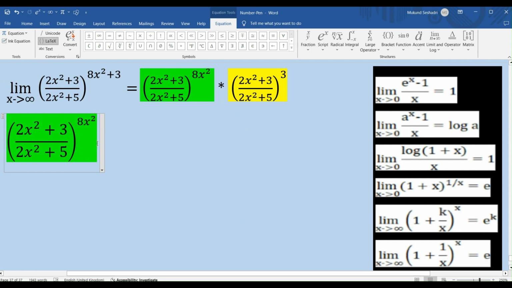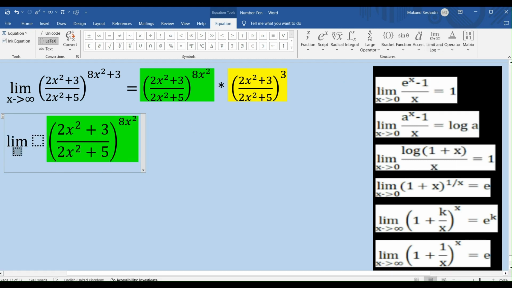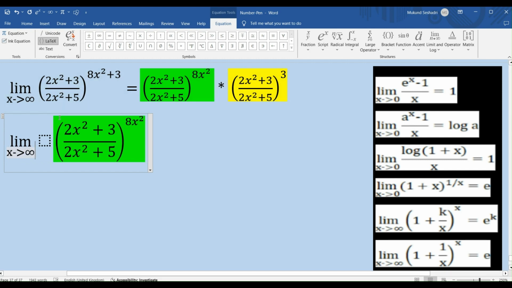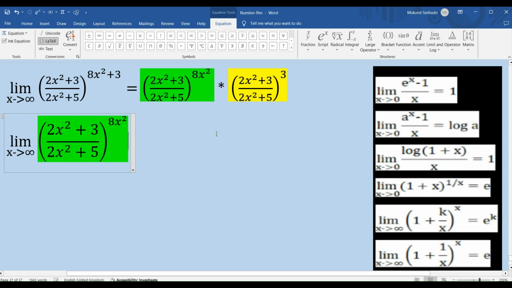So all that we are trying to do is look at this expression 2x squared plus 3 divided by 2x squared plus 5, the whole power 8x square, and remember, limit is x tending to infinity, right? And I'll have to write this out here so that we don't lose track of that. So let me pull this out, and limit x tending to infinity, and I'll copy this and put this out here, and I'm going to remove this, right?